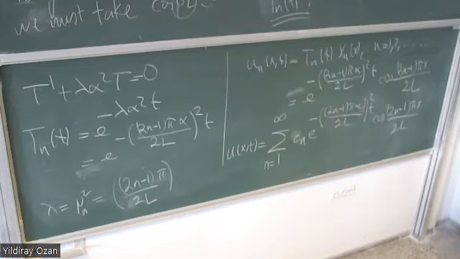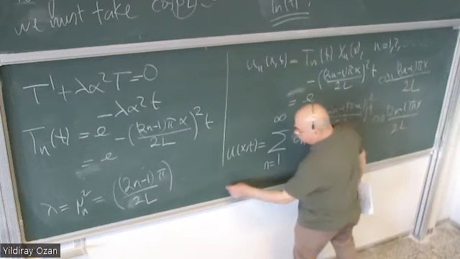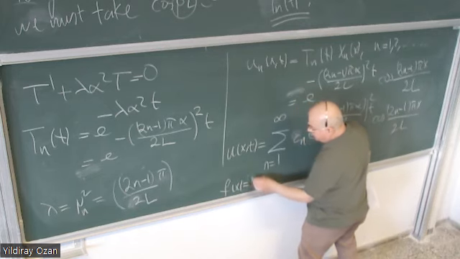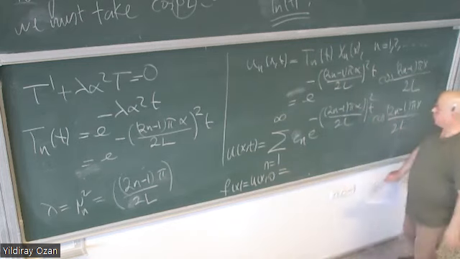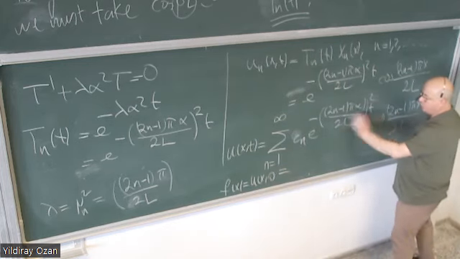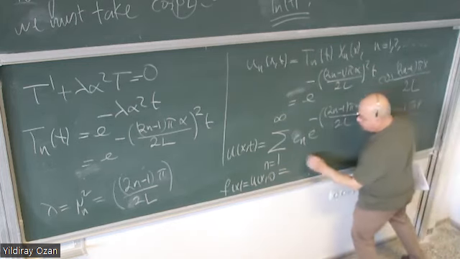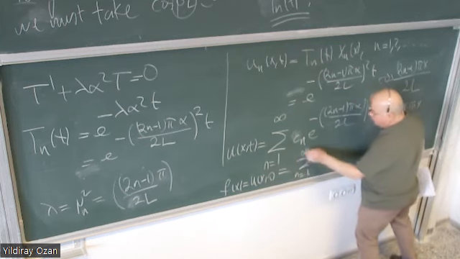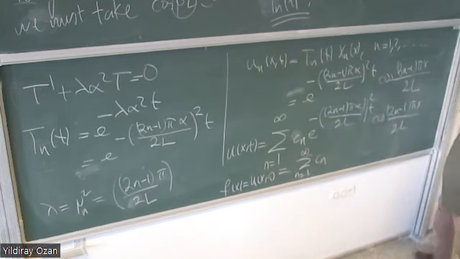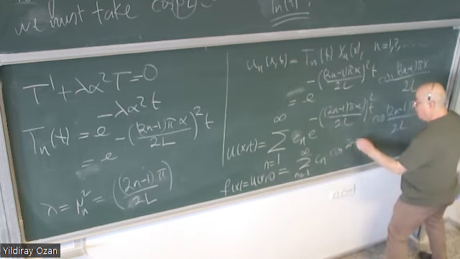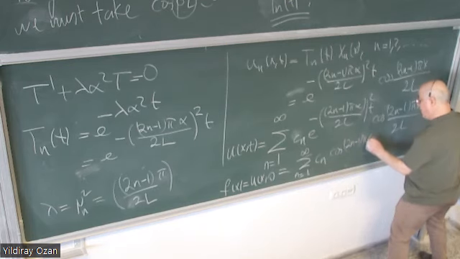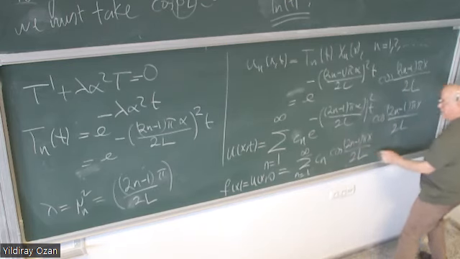What was the initial condition? The initial condition f of x equals u of x, 0. I let t equal 0. When you let t equal 0, this exponential term will just give me 1. So sum over n from 1 to infinity of c n times cosine 2n minus 1 pi x over 2L.